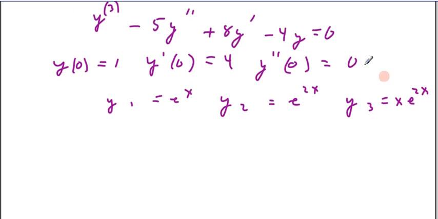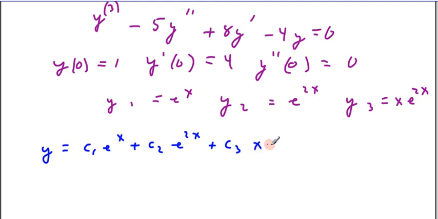Alright, so that being the case, we can write our general solution. y is equal to c1 e to the x plus c2 e to the 2x plus c3 x e to the 2x. Applying the initial condition, y at 0 is equal to 1, which is going to be c1 plus c2, because when x is 0, that term goes away.